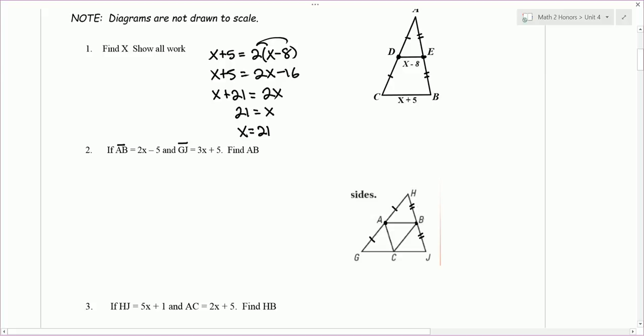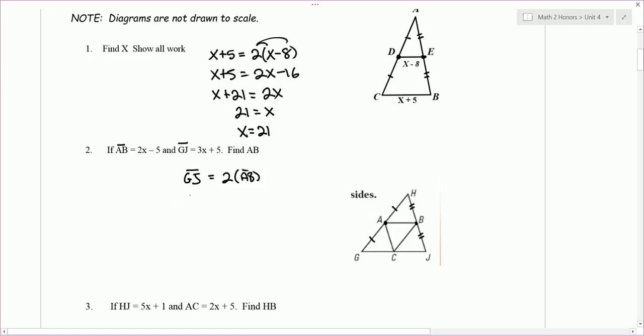And a fact that we know is that the length of a midsegment is half the length of the base it's parallel to, which would be GJ. So GJ is equal to 2 times the length of the midsegment AB.